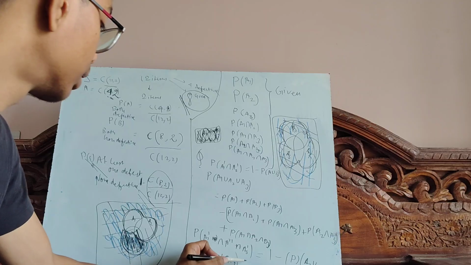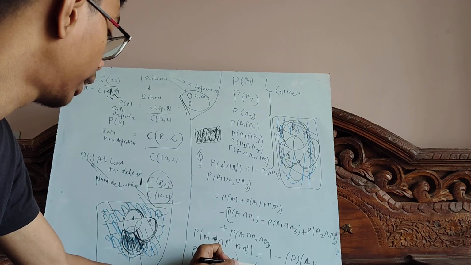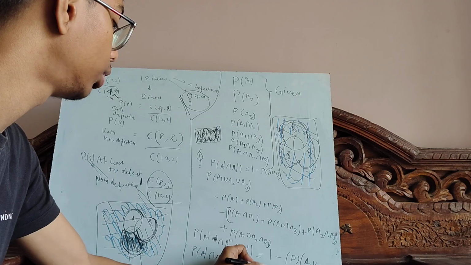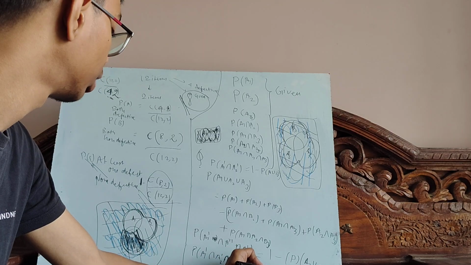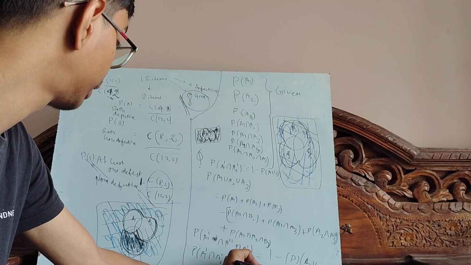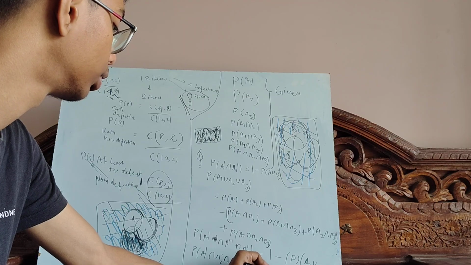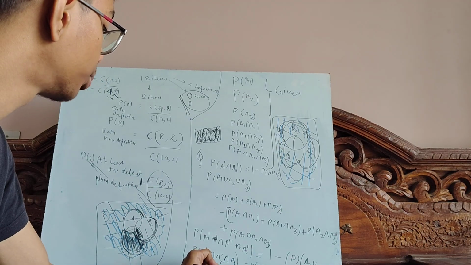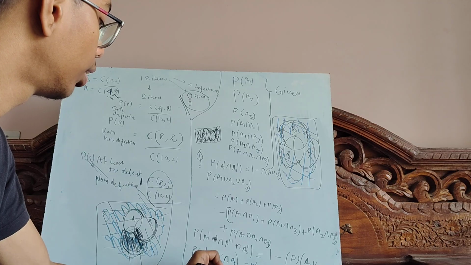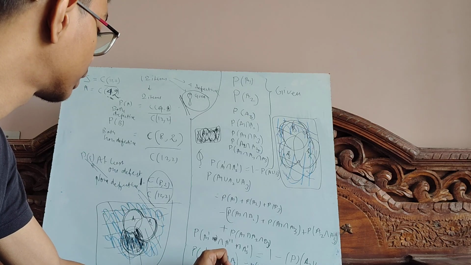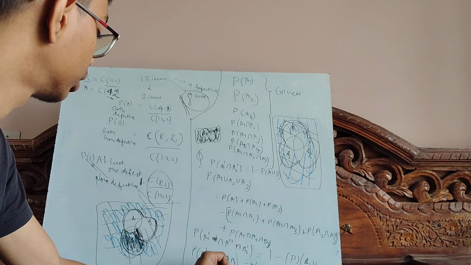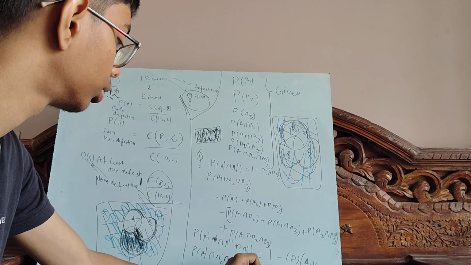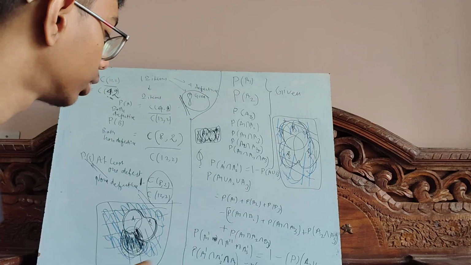Right. This is probability of A3 minus probability of A1 intersection A2. This I am removing, and minus probability of A1 intersection A3. Here it is A3.